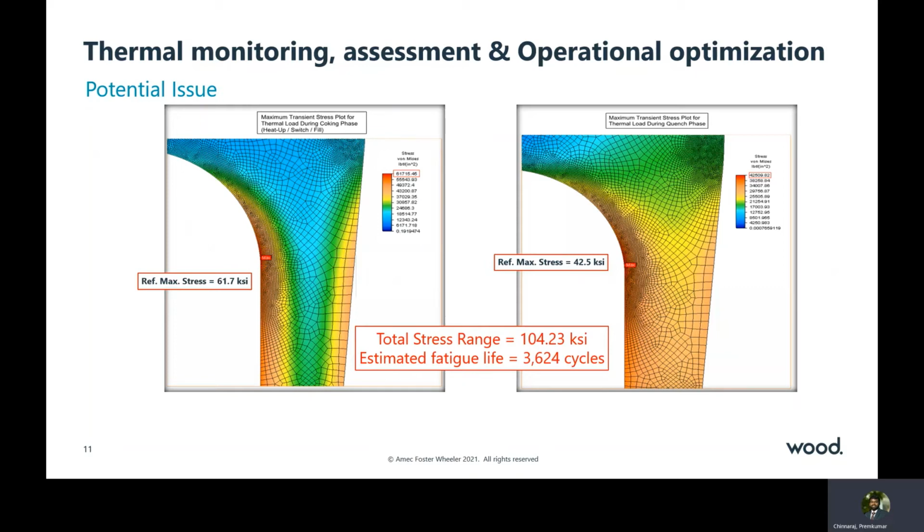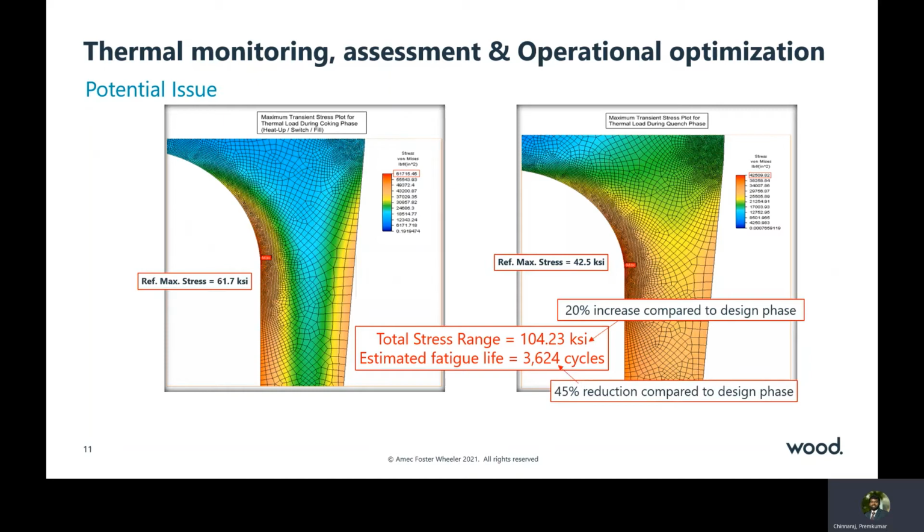The observed increase in stress range was approximately 20% more than the values calculated during the design phase. This increase in stresses contributed to approximately 45% reduction in fatigue life estimate at the inner crotch area of the skirt junction. Therefore, optimization of process and operational parameters is critical to reduce thermal gradients.